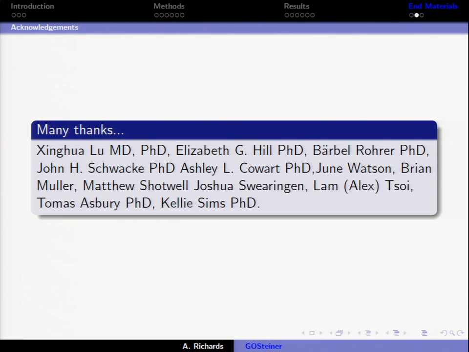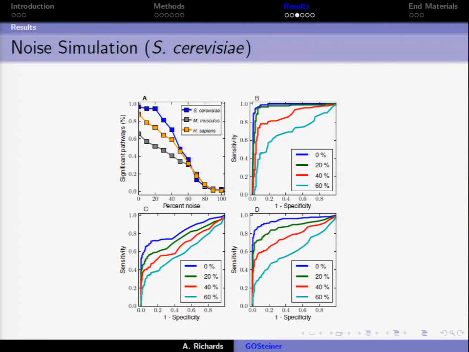Could you go back to the slide showing the pathway? Yes. So anyway, are you considering all three?